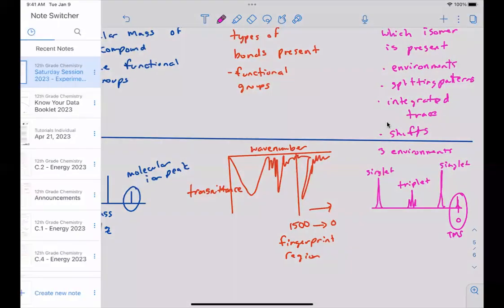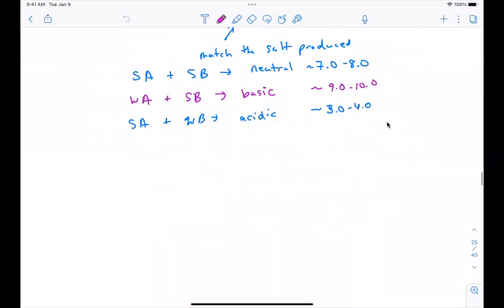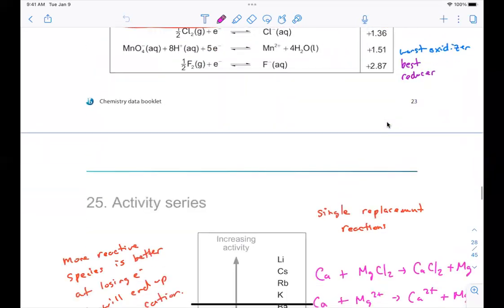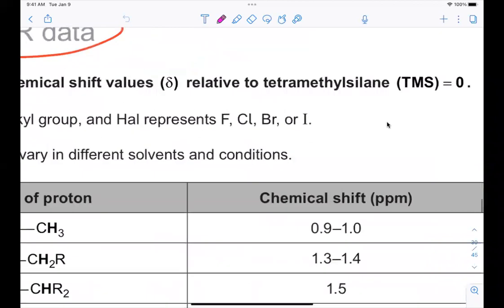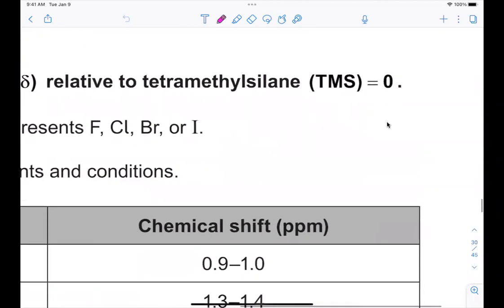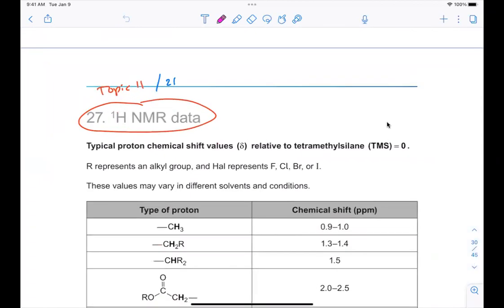Tetramethylsilane. So just a reminder, again, this is one of those things that's in your data booklet. When you go to this section of the data booklet, they'll literally say they're relative to tetramethylsilane for HL. So they tell you all the shifts are relative to it. So you don't necessarily need to memorize what TMS is. It's in the data booklet.